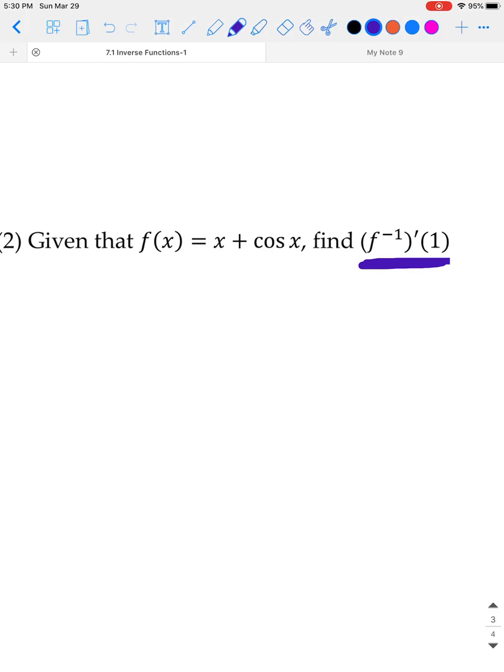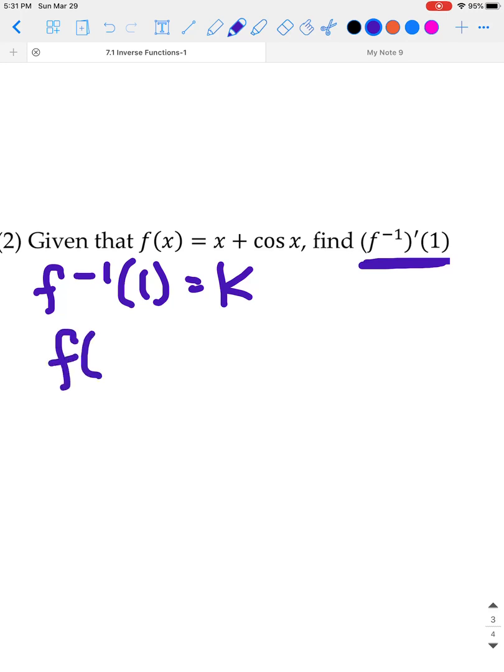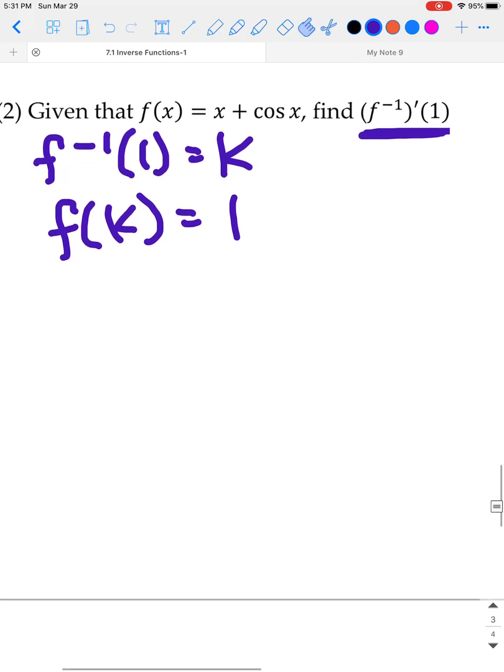Well, I know that I'm looking for f inverse prime of 1. So the first thing I should figure out, what's f inverse of 1? Right? So we don't know what f inverse of 1 is, but we know that if f inverse of 1 equals some numerical value, let's say k, then that's the same as saying f of k is equal to 1.